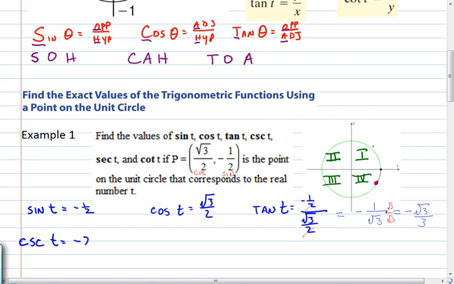That's going to be negative 2 because the reciprocal of negative 1/2 is negative 2. Secant is going to be 2 square roots of 3 over 3 after I flip it and rationalize it. And then cotangent is negative square root of 3. So that's finding exact values of the trig function using a point that's on the unit circle.